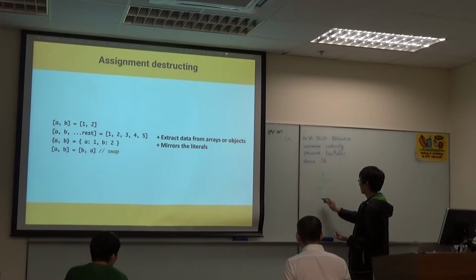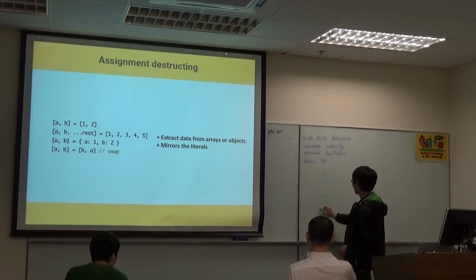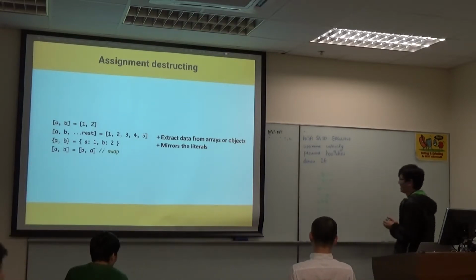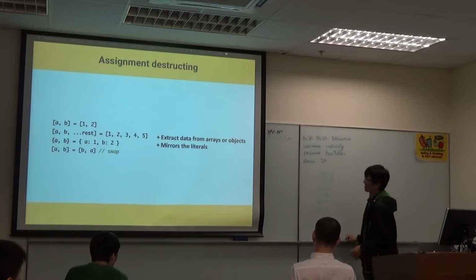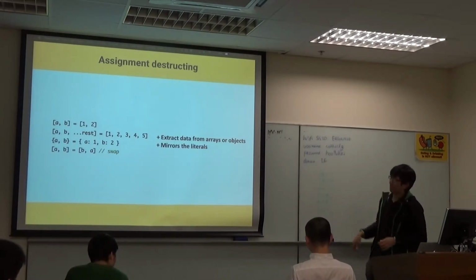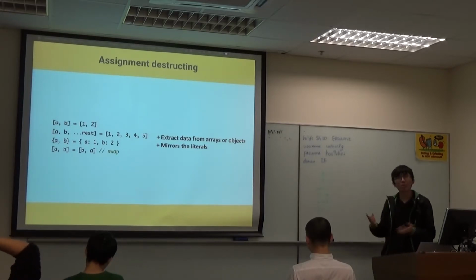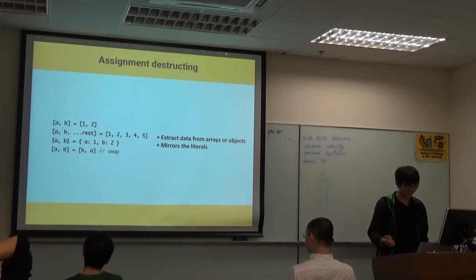Something like that, right? Let's see. C equals A, and then A equals B, and B equals C. Okay. If you do swapping, you have to assign a new variable here. And if you use assignment destructuring and do swapping, it's just one line. It's so simple, right?